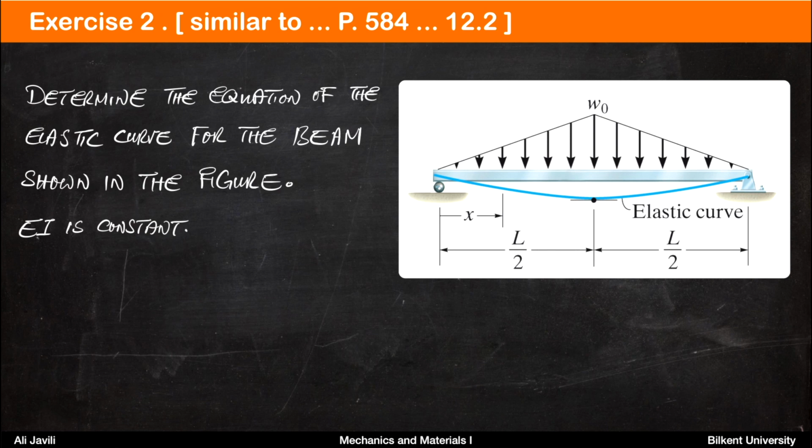It is similar to the problem we just had, except that now you have a distributed load, and also the support is not a clamped support. It's not a fixed support.